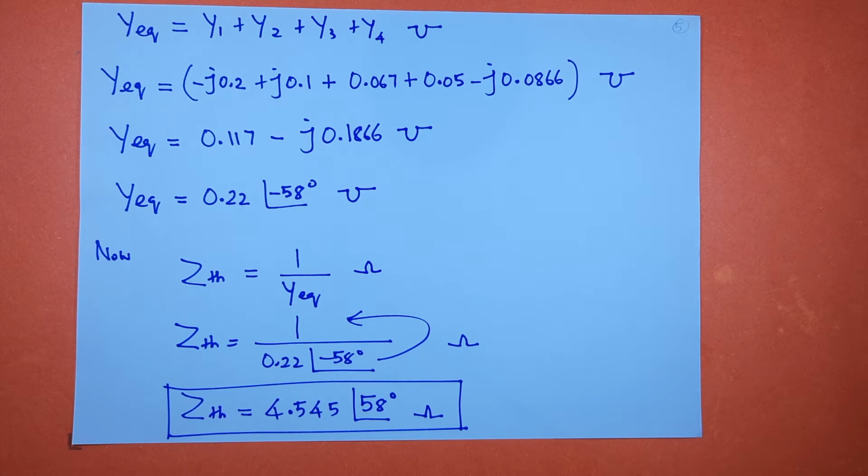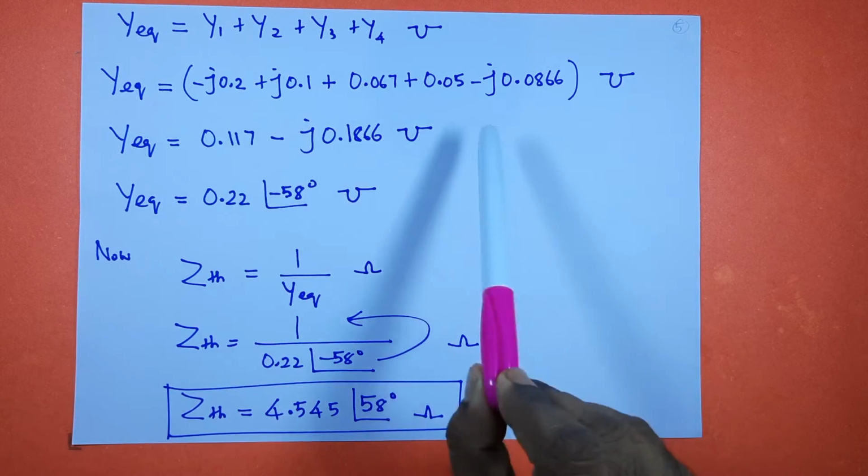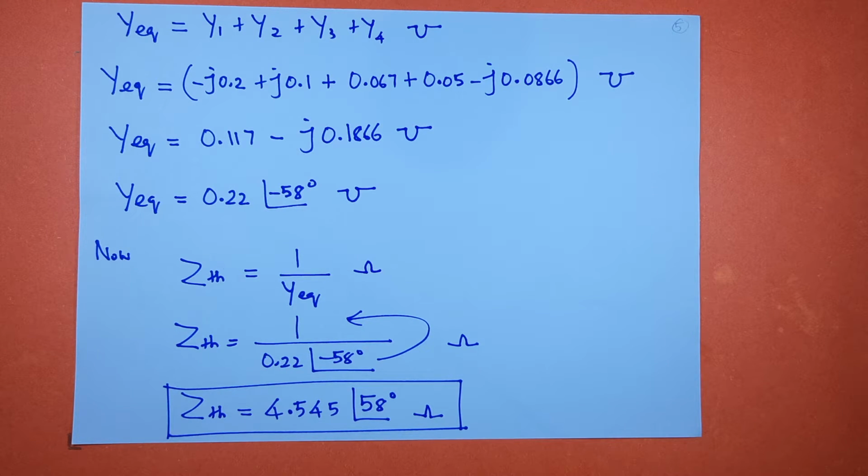Just substitute what Y1, Y2, Y3, Y4 are, and then you can combine the real parts and combine the imaginary parts, ordinary plus and minus. So Y equivalent equals 0.117 minus j0.1866. Now this is in rectangular form.